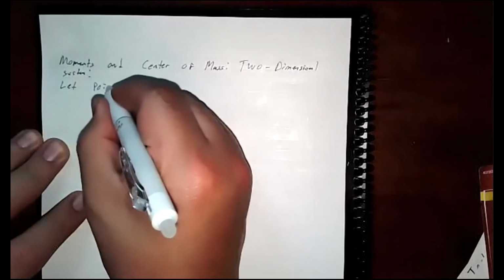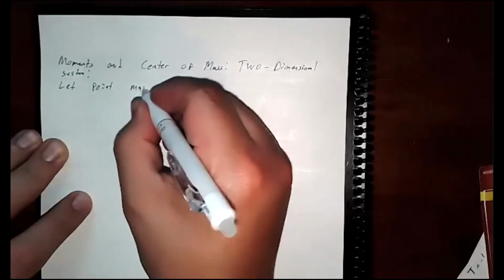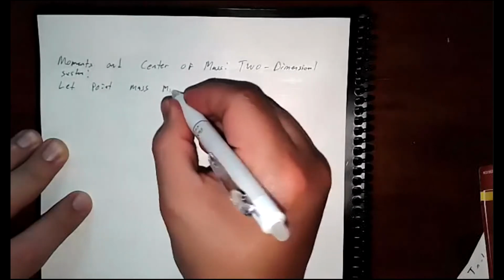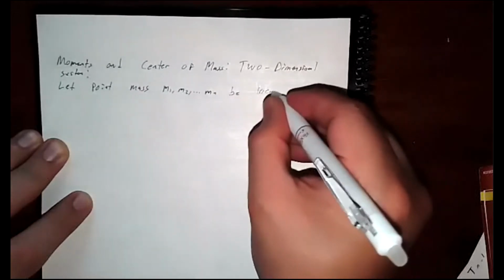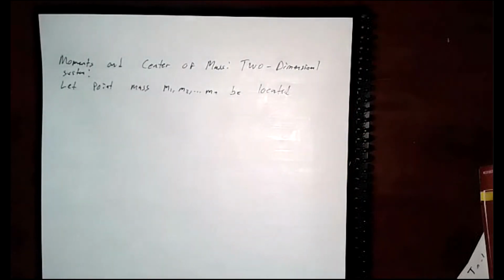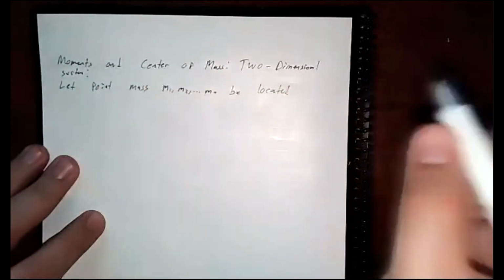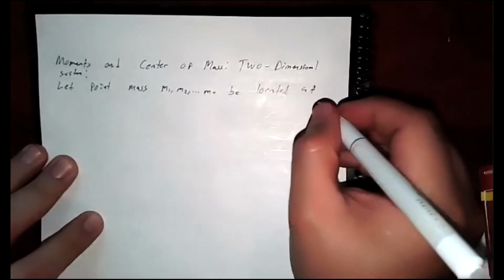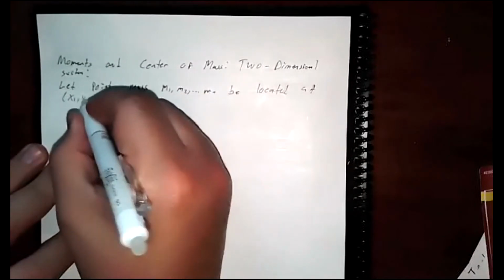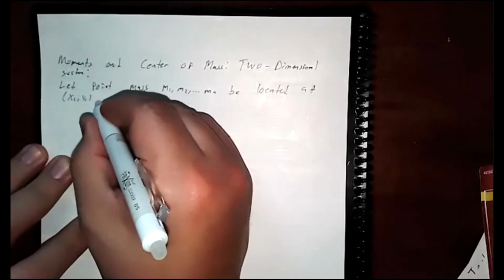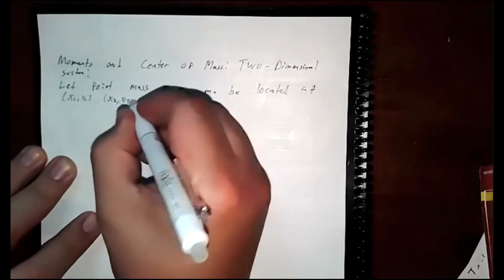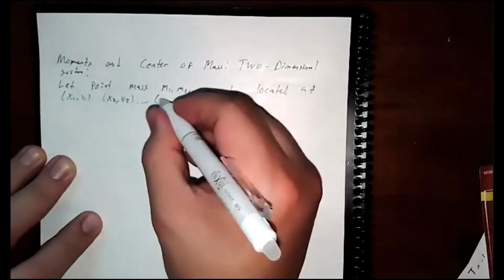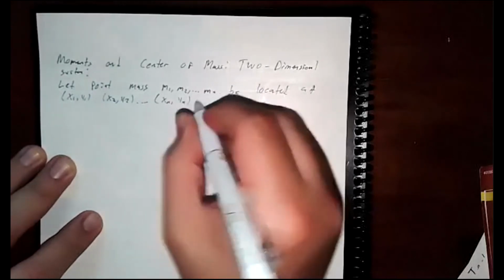All right. But first, let's define stuff. Let the point masses, right, these are all masses at a single point, m1, m2, mn, be located at x1, y1, x2, y2, xn, yn, respectively.